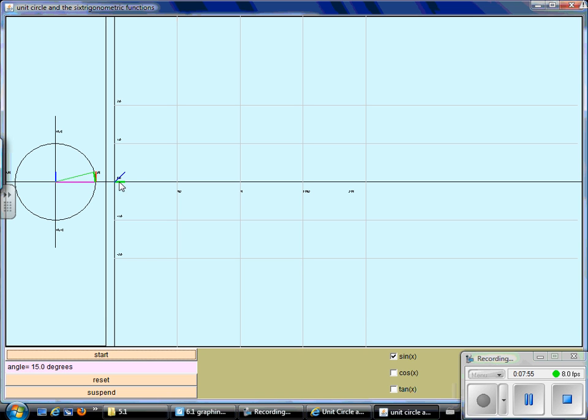What's happening along this green here has to do with as I'm going around the circle. You can see the green, I'm increasing my angle until I get up to 90 degrees. And then I keep going around in the green. I'm getting a larger and larger number until I get to 180 here.